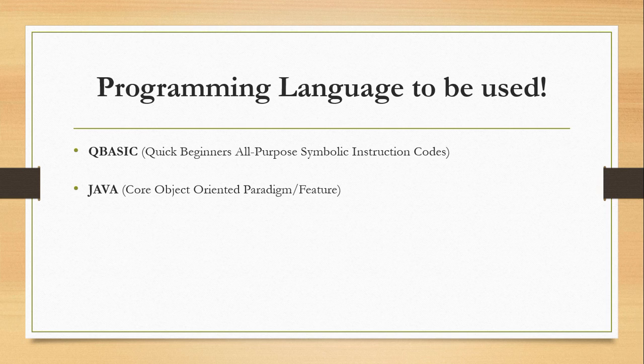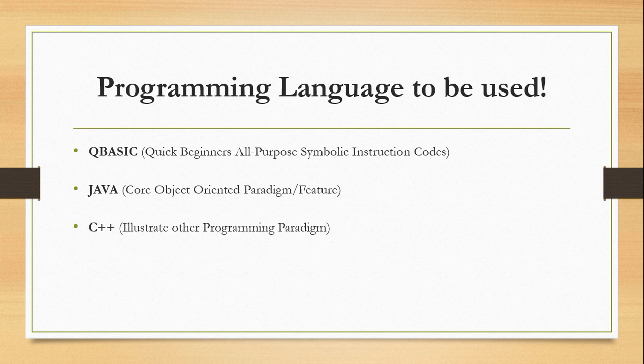We're going to be using Java, though for a start we might not really be talking about the object-oriented features of it, but we'll still be using it to write some of our basic programs where we start writing. But when we start object-oriented programming mainly, Java will be one of the best languages we're going to use to explain most of the concepts we're going to see in object-oriented programming.